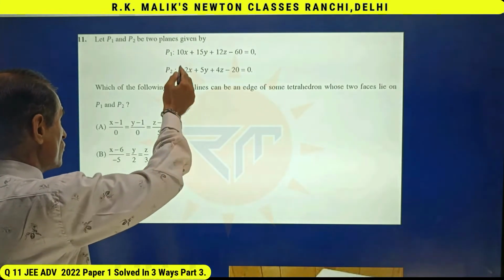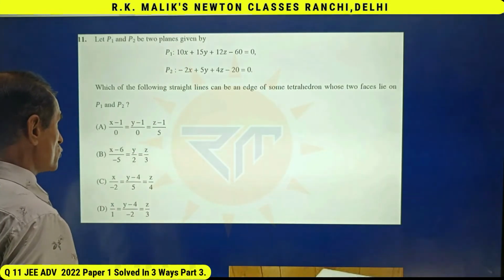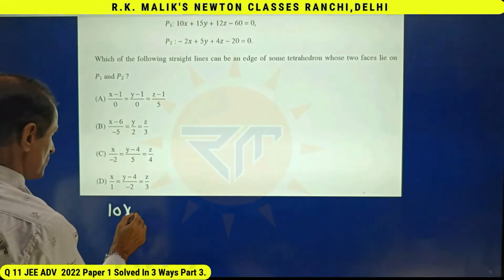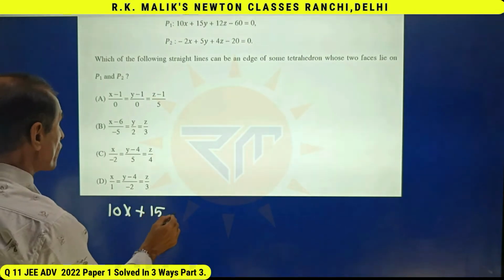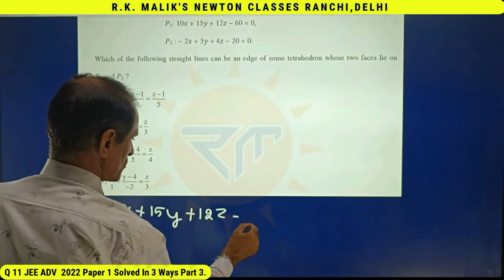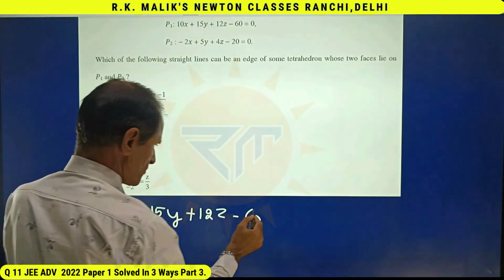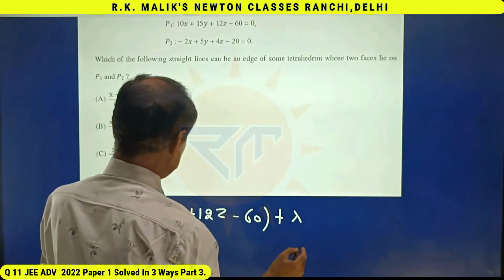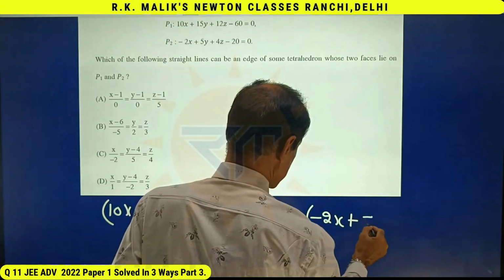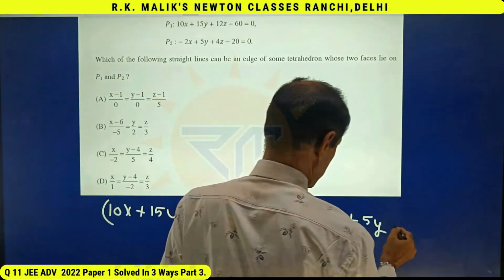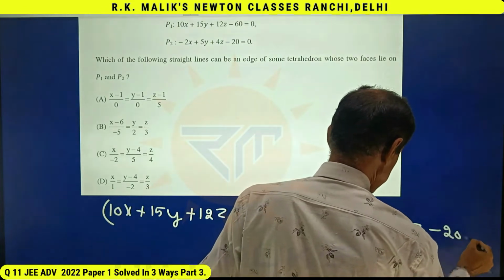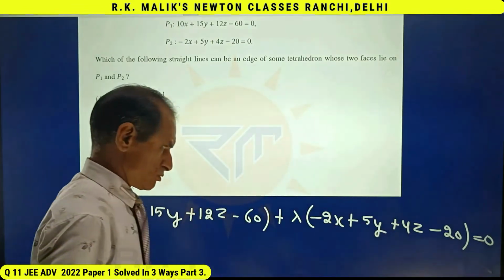The equation of the plane which passes through the intersection of these two planes will have the equation 10x plus 15y plus 12z minus 60 plus lambda into (minus 2x plus 5y plus 4z minus 20) equal to 0.